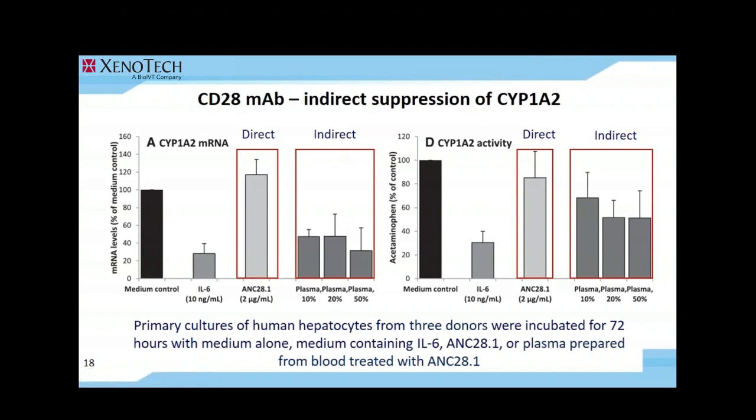Our control, interleukin-6, had mild suppressive effects on both message and activity of CYP1A2, as expected. The antibody did not have direct effects, neither on activity nor the message. But cytokines released by the antibody in blood suppressed both mRNA and activity of CYP1A2.